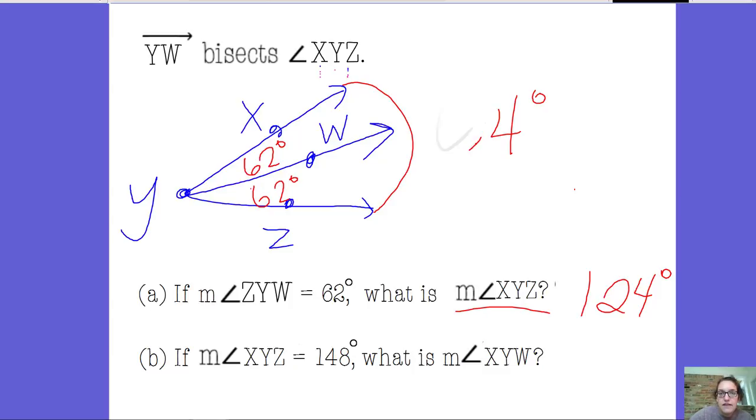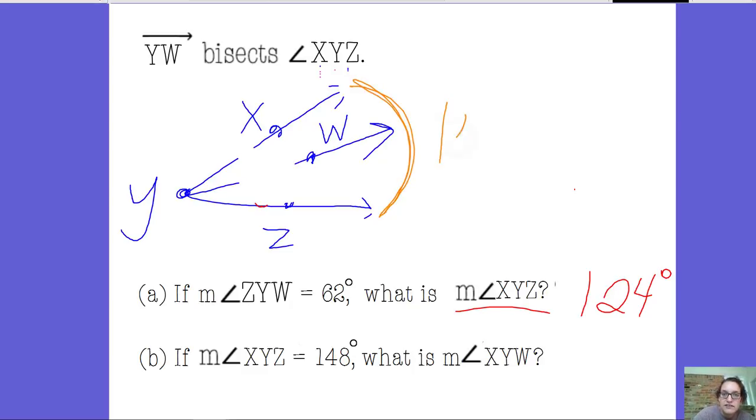Okay. Then the next situation, let's start fresh as much as possible. Sorry, I just erased part of that. The next part says if the measure of angle XYZ, the whole enchilada, is 148, what's the measure of angle XYW? So we're looking for this nugget.